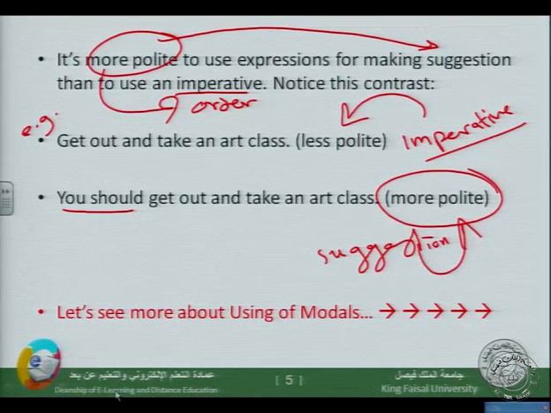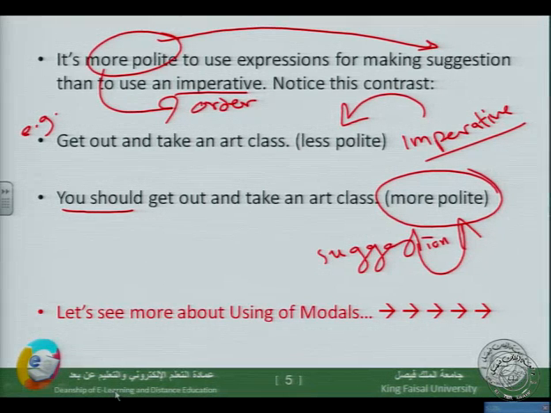So this is the goal for our first step in this class, to speak English politely, using suggestions, not imperatives or orders. We are not in the military to order someone to do something. You should suggest that. فمن الأفضل أن تقترح أكثر من أن تأمر.